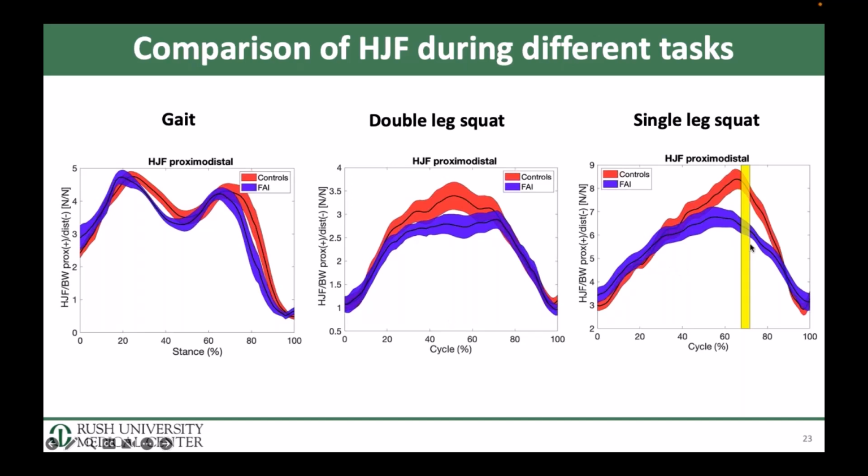The second thing is that we can see this yellow area just for single leg squat. So this means that there is a statistically significant difference just during single leg squat between patients and controls. We can infer that this difference occurs because of the magnitude of the proximodistal hip joint forces.